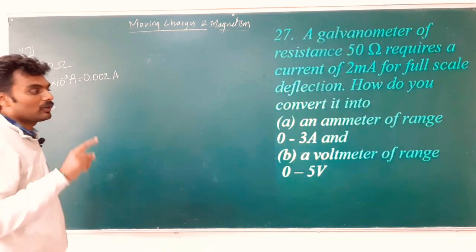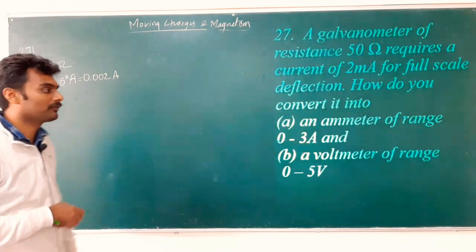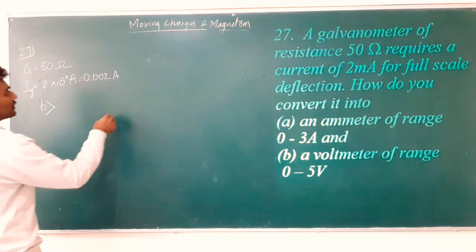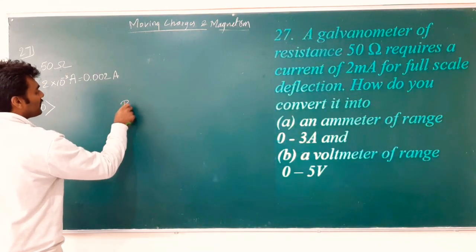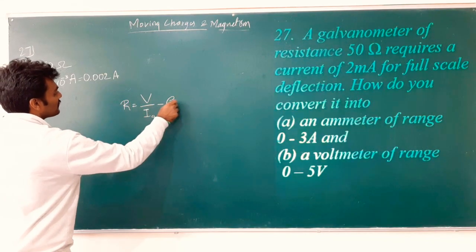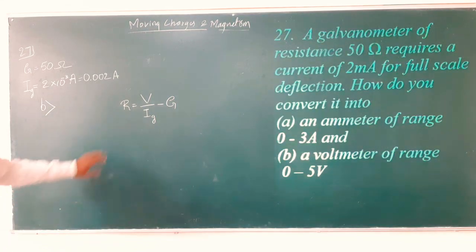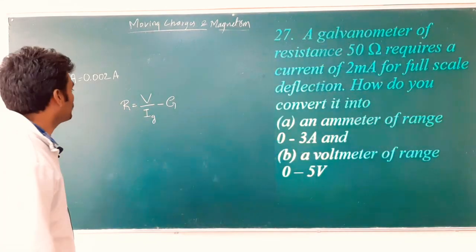But we should first find what is the resistance that has to be connected in series, the large resistance. And the expression for that we have is R is equal to V by Ig minus G, right? This expression will give us the value of resistance which has to be connected in series.